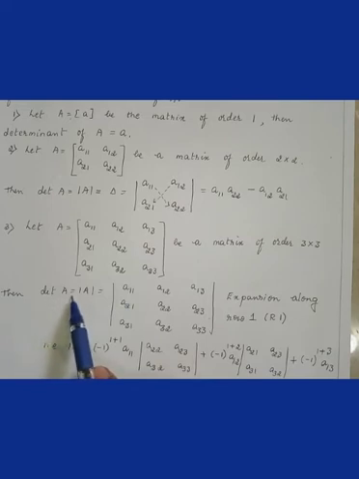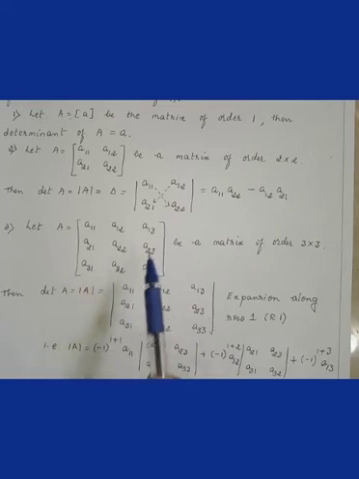So determinant of A is, within the two lines, write all the entries. Here we can find the determinant of a 3 by 3 matrix in many ways.